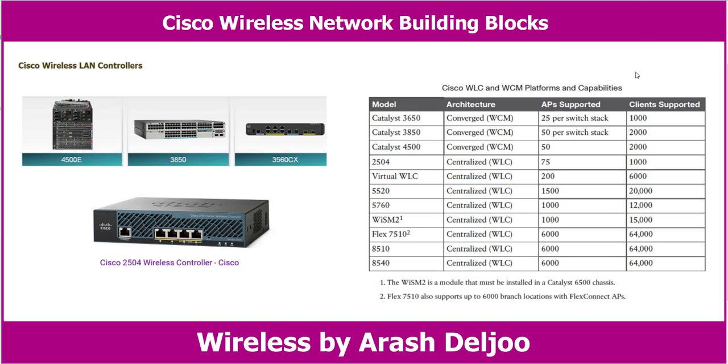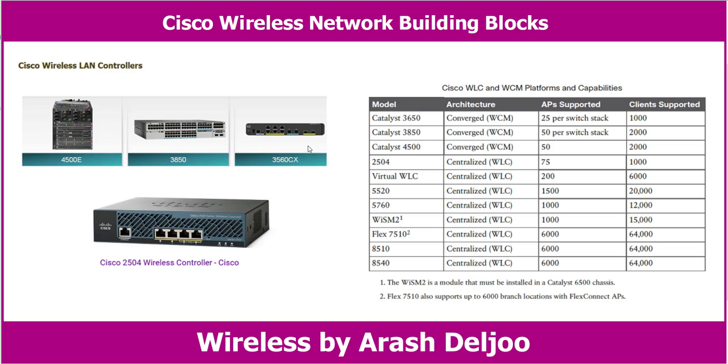Let me review this table. For example, as you can see, we have the Catalyst 3650 switch, and the architecture that we can use it in is the converged architecture that I mentioned in the previous video, or WCM. The AP supported number is 25 per switch stack, and client supported is 1,000.